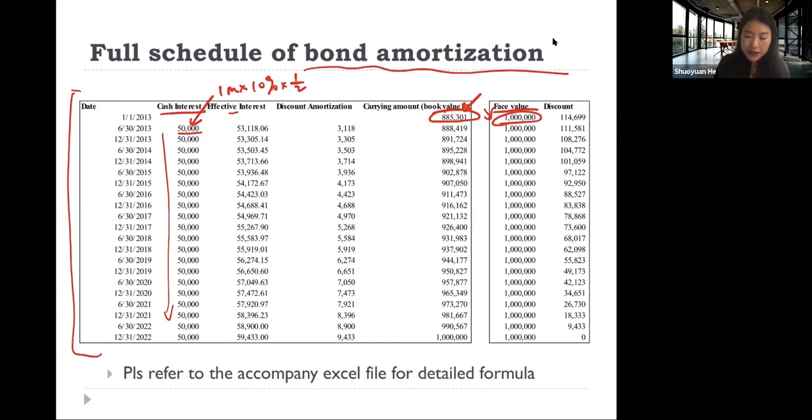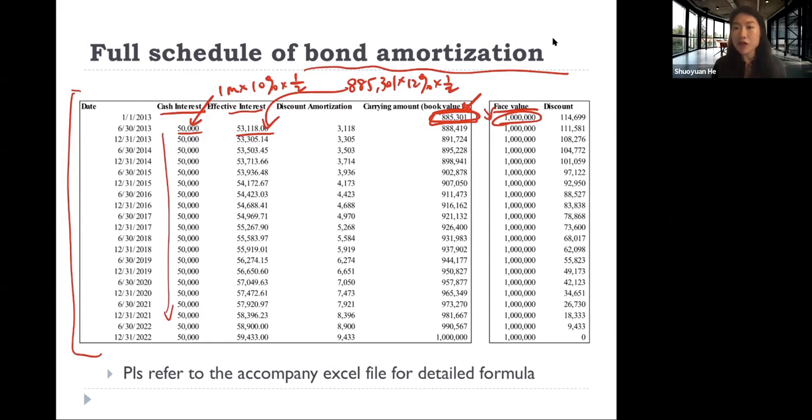And then the effective interest, this is calculated by taking the book value of the bond. So the first half a year, the beginning book value is 885,301, and then multiply by the market interest rate at the time of issuance, which is 12%, multiply by 1/2.